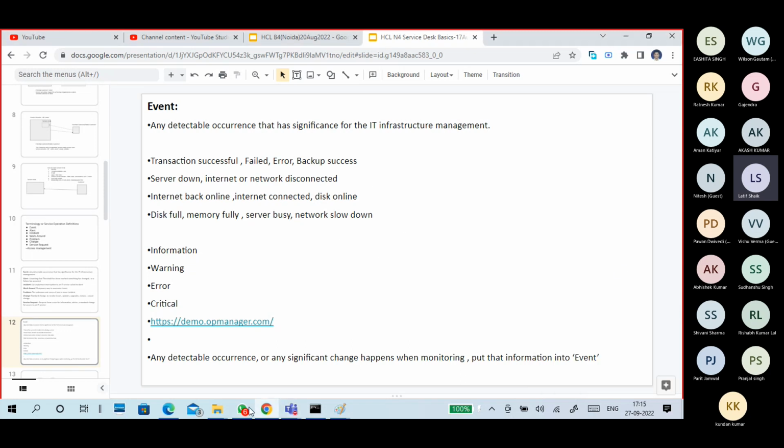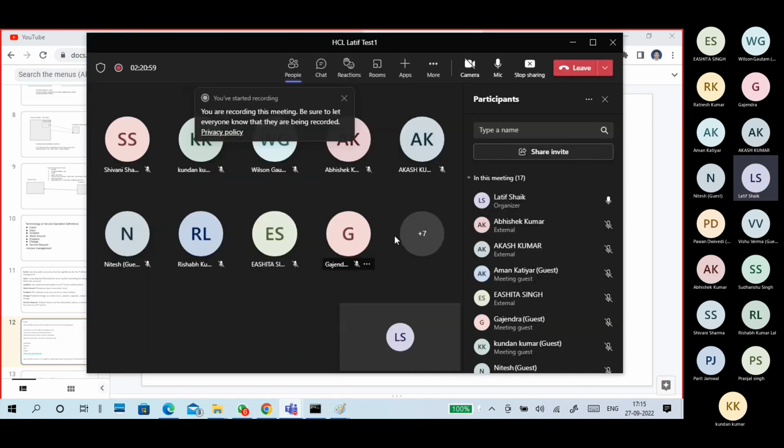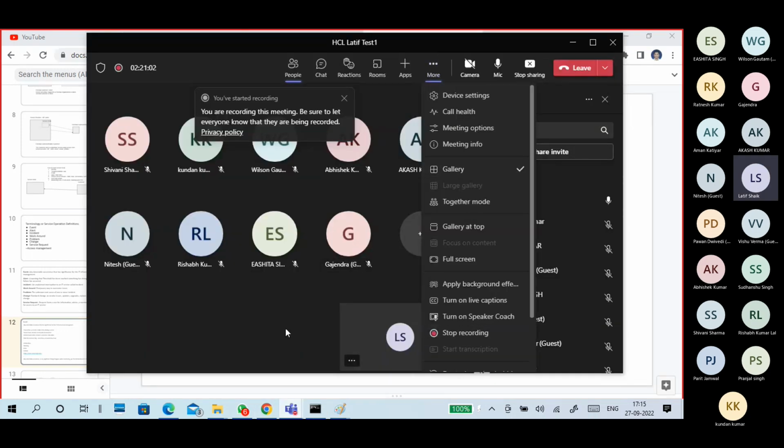We can't pause any recording. Either we stop recording. There is no pause recording also.